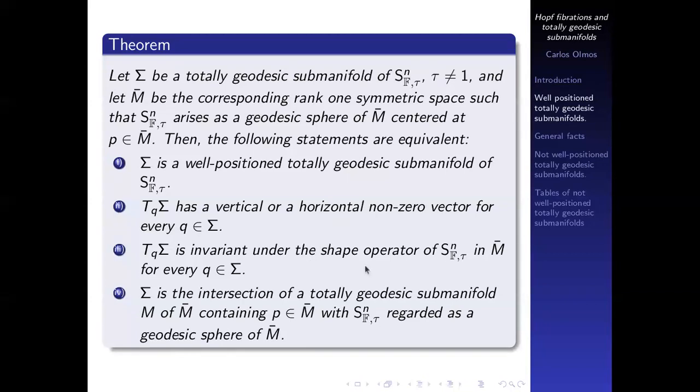So any well-positioned totally geodesic submanifold is such an intersection. So equivalence number 4 would be that the totally geodesic submanifold is standard, in what we said before, the intersection of a totally geodesic submanifold of the ambient space.